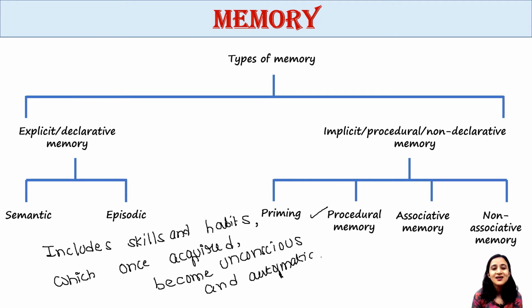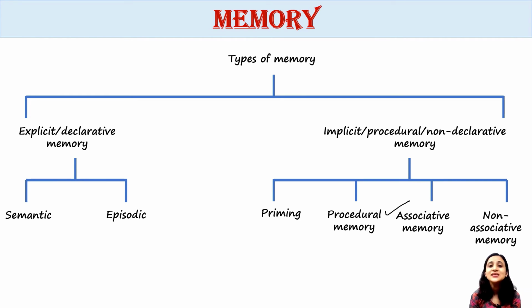So this is called procedural memory because it requires a procedure to recall. That's why it is procedural memory. So when you are trying to learn how to make rice, that is a procedure, and then you can recall it forever. So this is procedural memory.